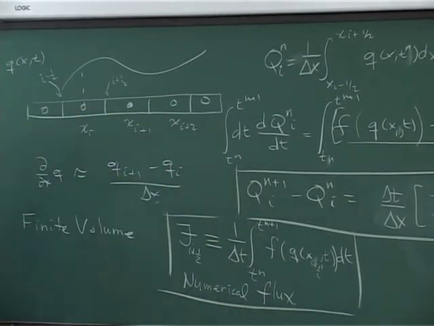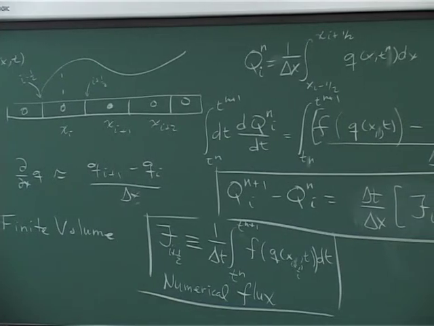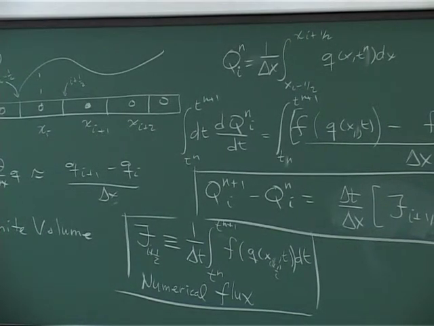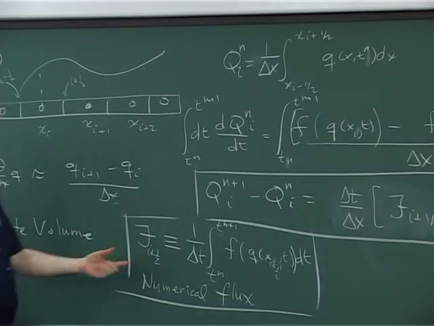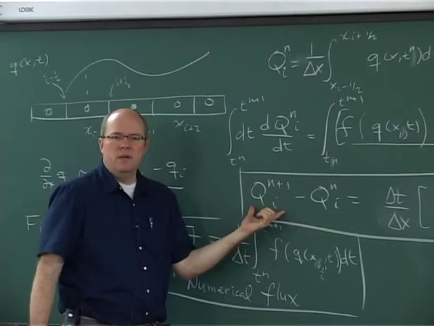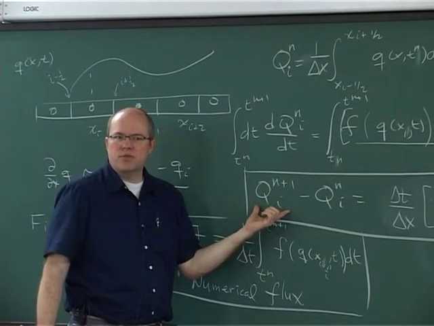And this will be my conservation law. Now, over here we could easily convince ourselves that this was a conservation law and Q was conserved. Can you imagine that this discrete capital Q is also conserved on my grid? How could we show that that really is true?